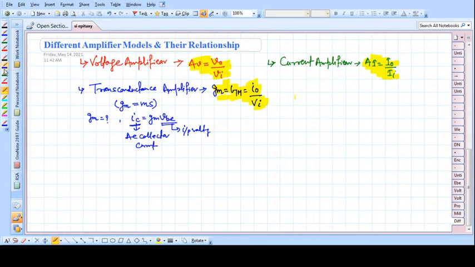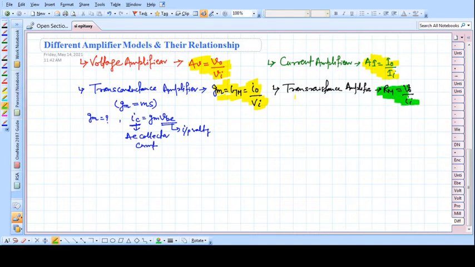Okay, so now the last one is our transresistance amplifier. In the transresistance amplifier the gain is the RM term, and this will be your output voltage by input current.